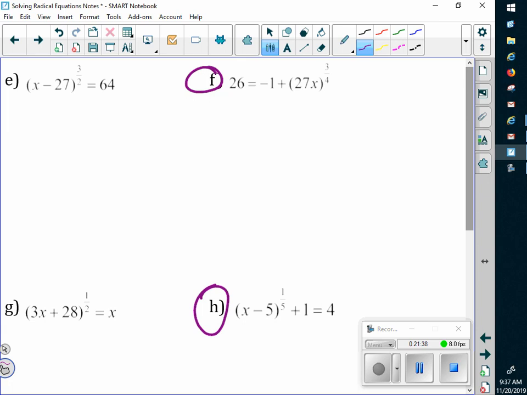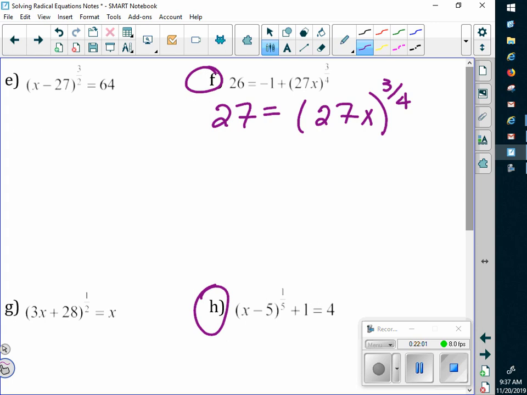What are we going to do? Add 1. Is that 3/4? Do we have our stuff isolated? Are we isolated?